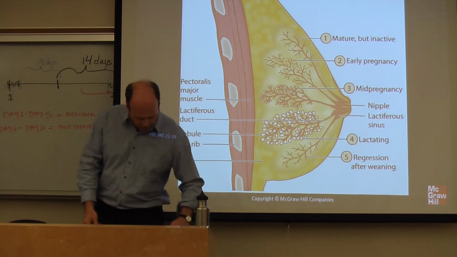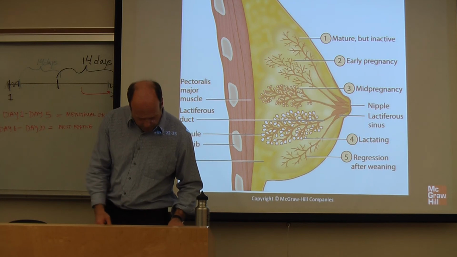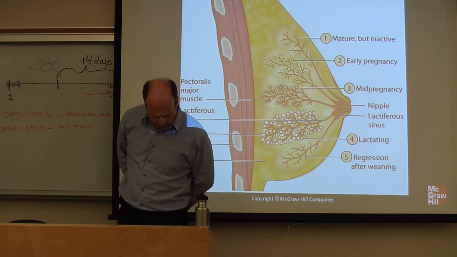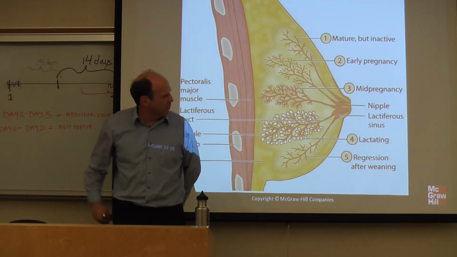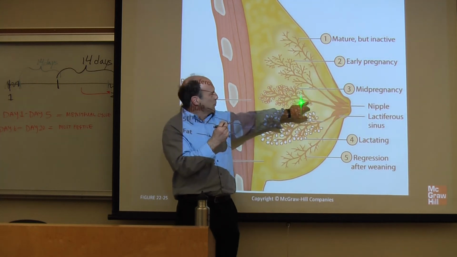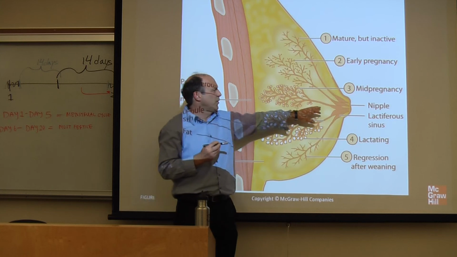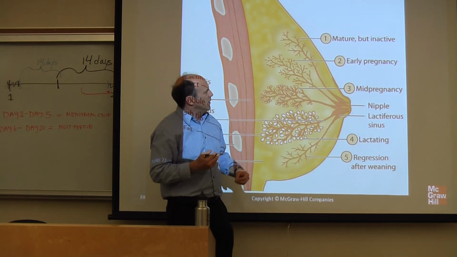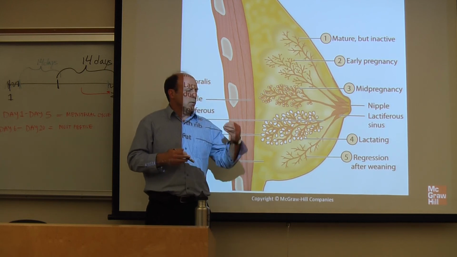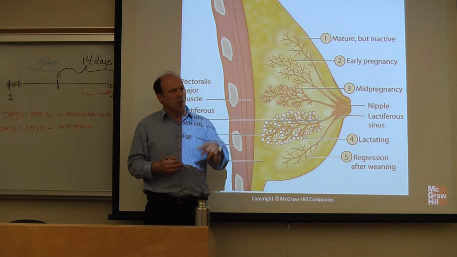So looking at breasts, there's a couple of terms that are kind of cool. Colostrum is a fluid that accumulates in ducts. So these are all ducts. What kind of cells are in a duct? Epithelial cells. Epithelial cells line a duct. And the duct is making something that's going to be secreted, so you want to encourage that secretion to go out.